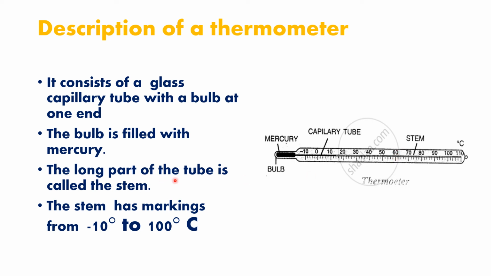The long part of the tube is called the stem. So this is the stem, this is the bulb. When the mercury expands, when temperature becomes higher, this mercury will come here and come into the small tube. The stem has marking from -10 to 100 degree. So you can see here -10 to 100 degrees the marking.